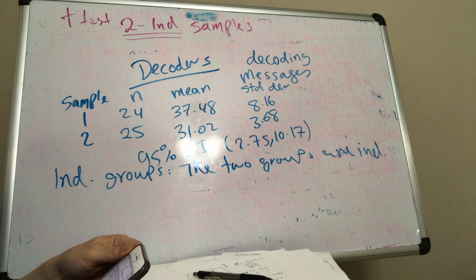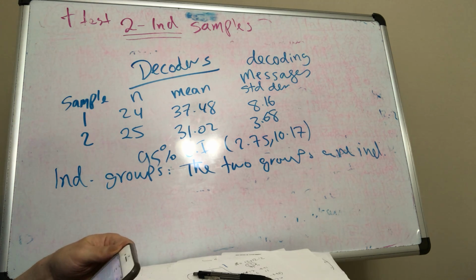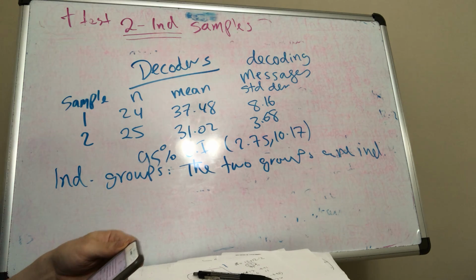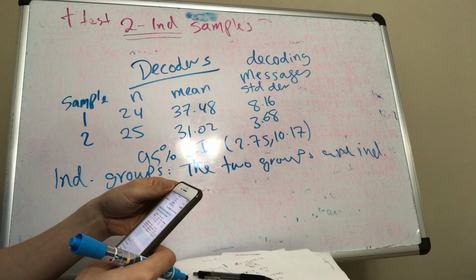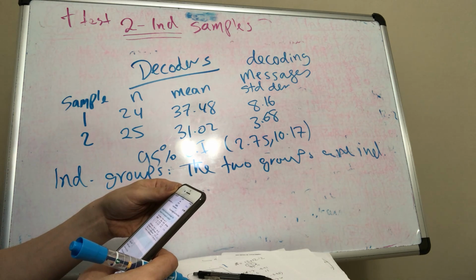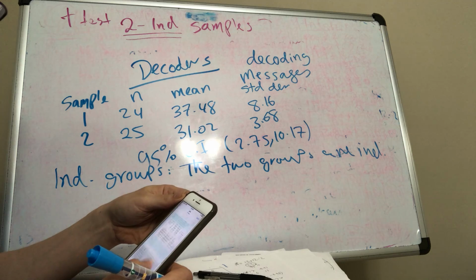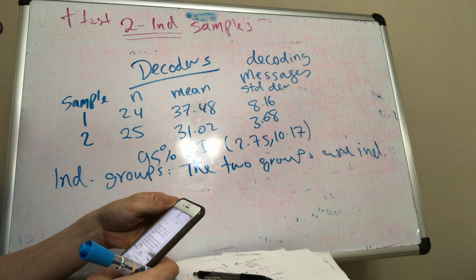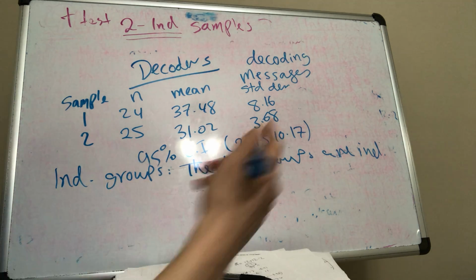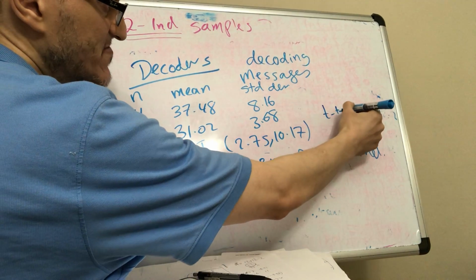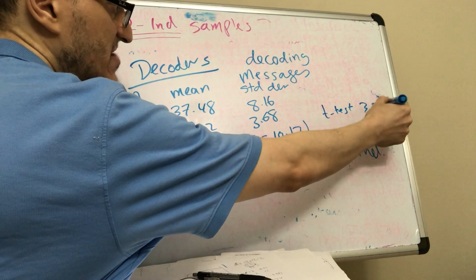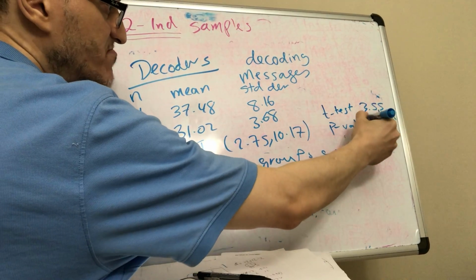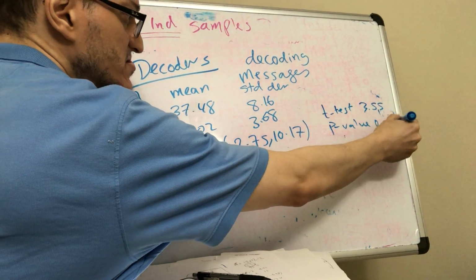The next one. So we verify the assumptions. They also tell you, in Minitab, they have something called the t-test, 3.55 and p-value 0.001.